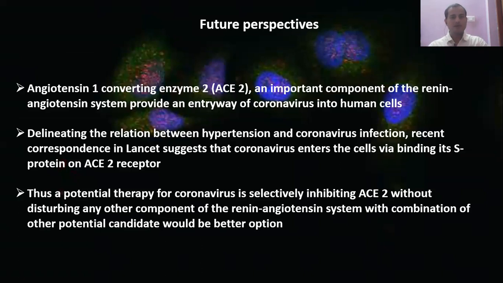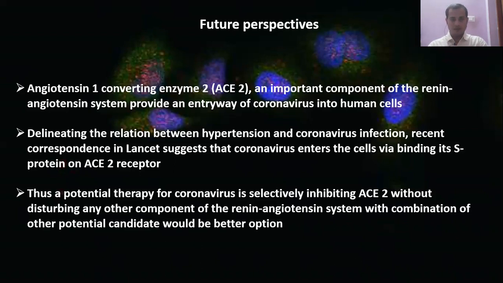A recent correspondence in a good journal, the Lancet, suggests that coronavirus enters the cell by binding its S protein to the ACE2 receptor. So a potential therapy for coronavirus is selectively inhibiting ACE2 without disturbing any other component of the renin-angiotensin system. In combination with other potential candidates, it would be a better option.